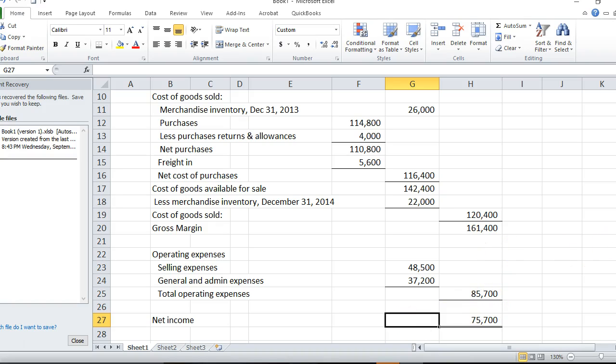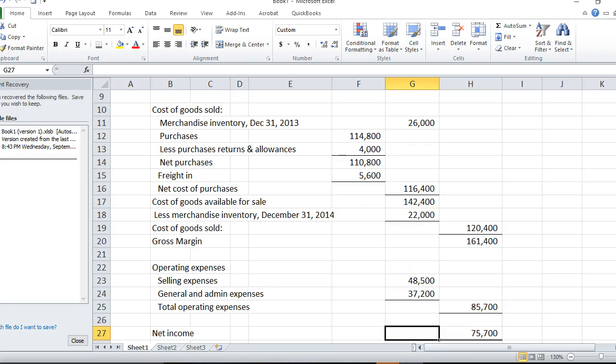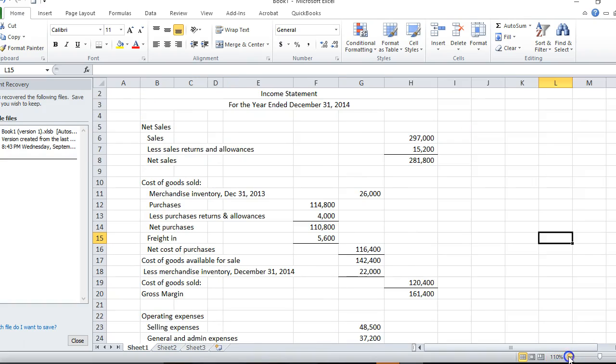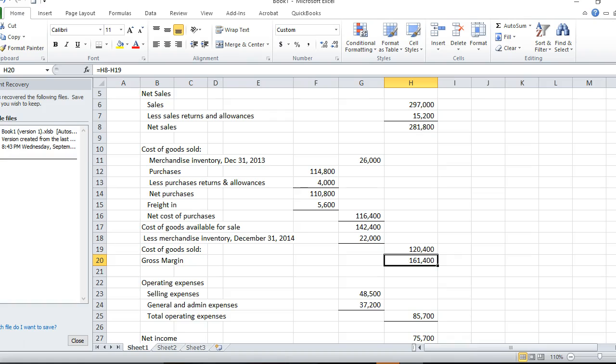Absolutely. Sure. So let me, okay. To get our net sales, we took sales minus sales returns and allowances to give us our net sales. Our net sales minus our cost of goods sold gives us our gross margin of 161.4.